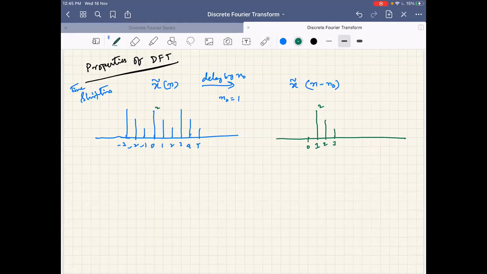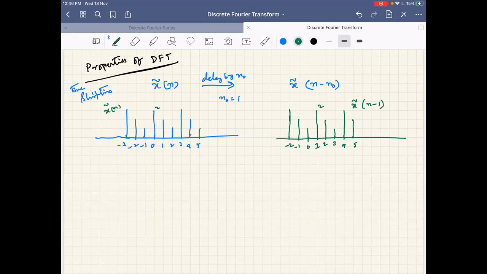Since it is a shifted periodic sequence, whatever I had at -1 will come here, then -2 will come here, -3 will come here. Let us sketch in the same duration 3, 4, and 5, where you have the shifted sequence. Now this is x tilde of n minus 1, and this is x tilde of n, right?